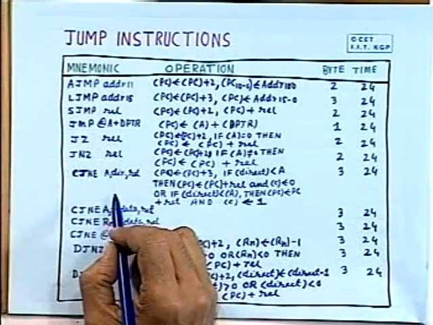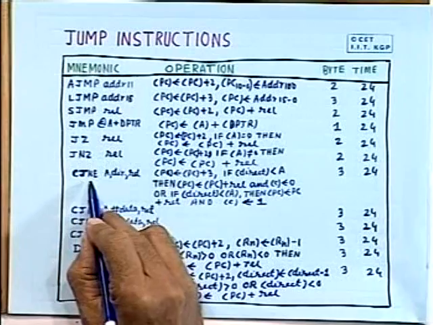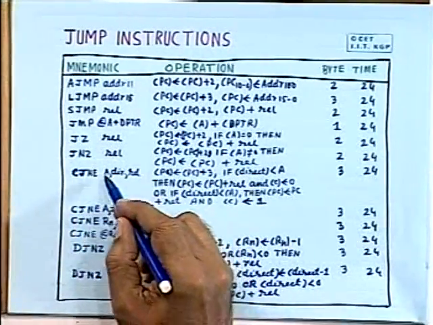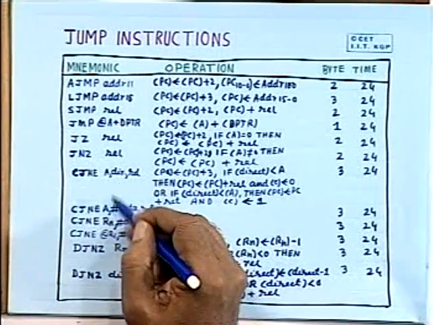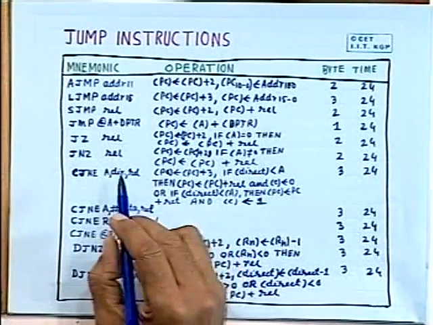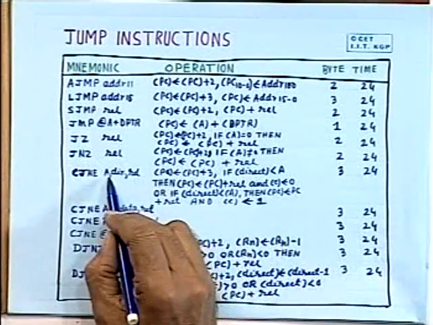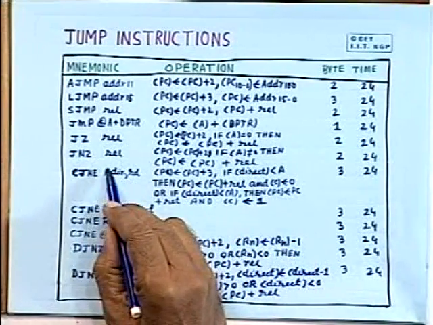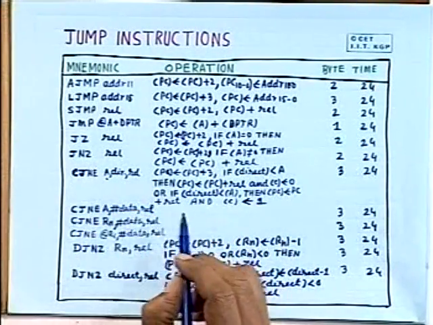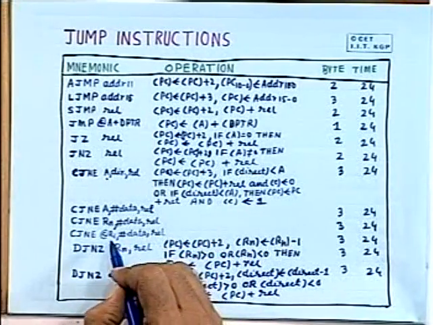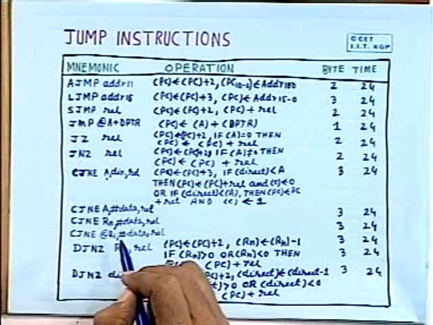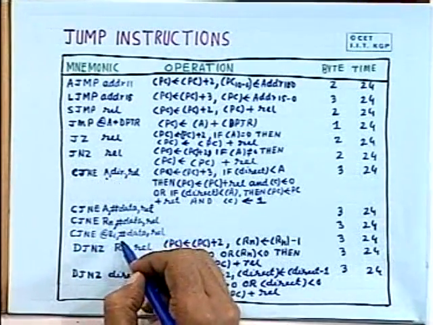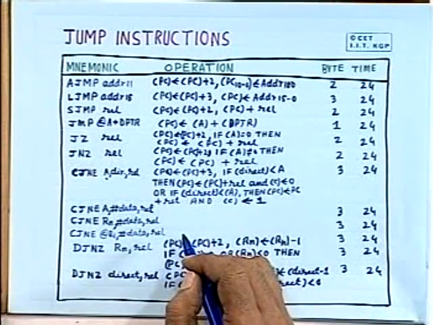Then there is compare and jump if not equal, where you are essentially checking a particular content, say the accumulator, or a register, or an indirect memory location. Depending on that, it can do this conditional jump.